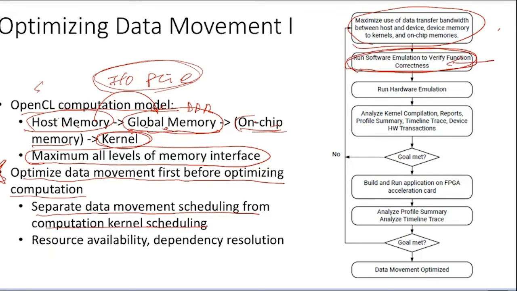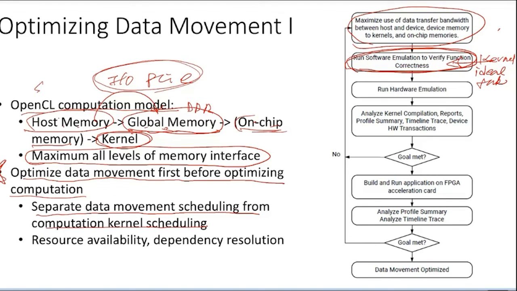But at this stage, as I said, the kernel function could be a very ideal one or a fake one, a very simple operation that doesn't perform the actual function. However, the I/O is correct. You need to provide the correct I/O, and you will generate the output.